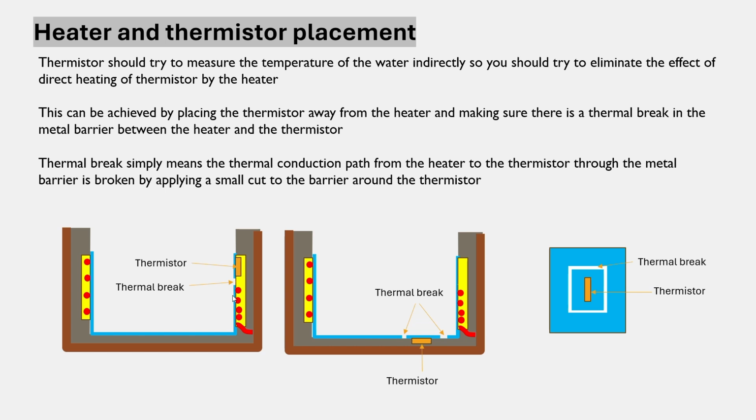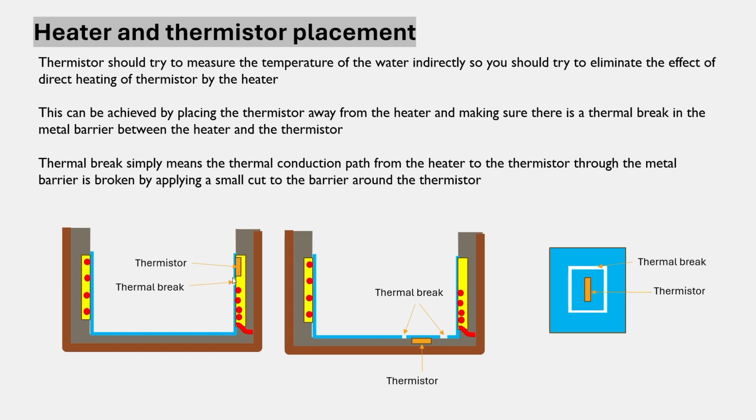Each time the heater turns on or off, you want to minimize the direct heating of the thermistor by the heater, okay? So that as much as you can minimize that, you will have better response to the water temperature. And one way to do that is to make sure there is some physical separation, more physical distance between those two. They don't touch each other.